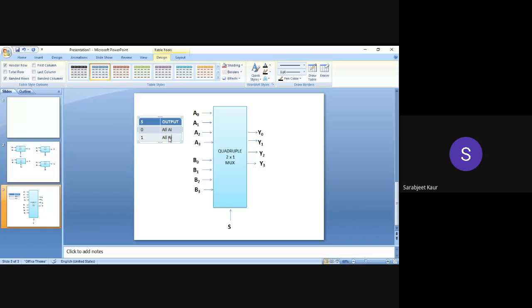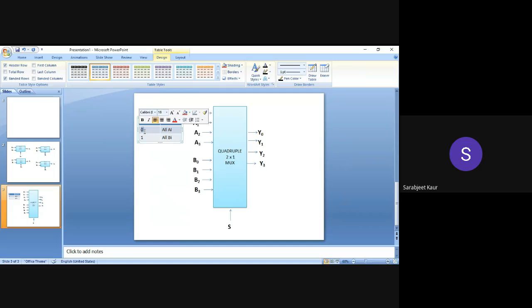So using a single selection line, what we have done is we have put all these 4 2 cross 1 muxes together, and how this quadruple 2 cross 1 mux is functioning is that whenever I give S is equal to 0, instead of one mux functioning, there are 4 2 cross 1 muxes functioning together.